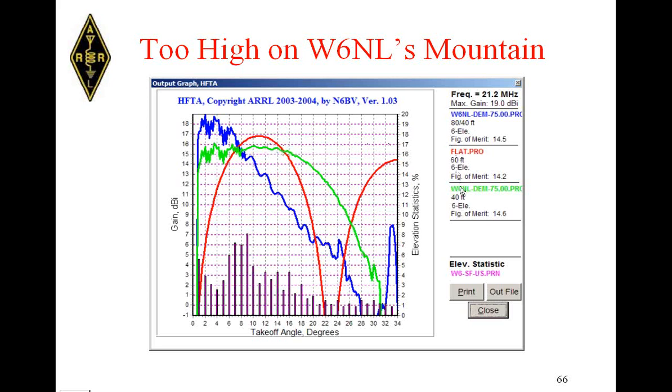Now, if you take the same 40-foot high 6-element and stack above it an 80-foot high antenna, so that you have an 80 and 40 stack, now you get a significant increase of gain at the lower angles, which is good, but now you start losing gain at the higher angles, which is not good. So in this case, it's easy to be too high on W6NL's mountain, and that's why Dave has made long boom antennas rather than trying to do much stacking on that mountain. The terrain is just too steep to be effective with a higher kind of stack.